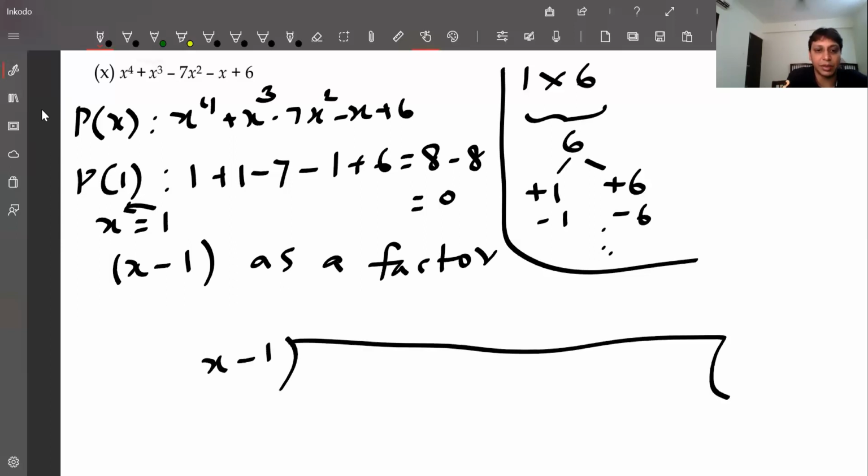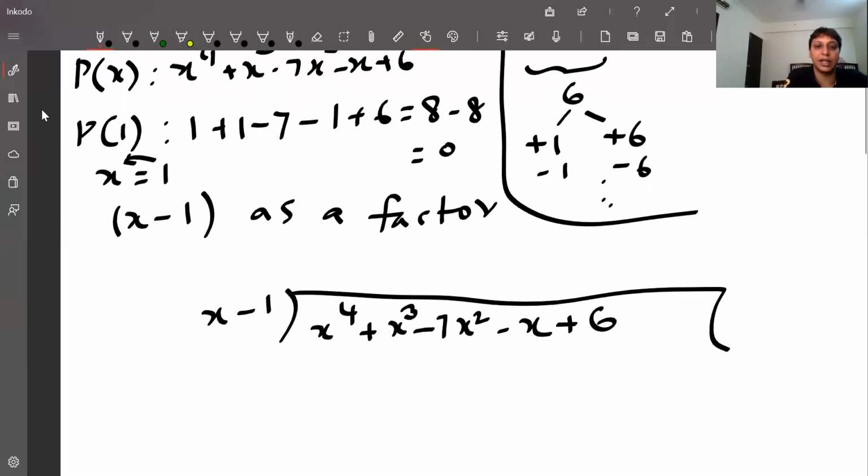Okay, so x to the power of 4 plus x cube minus 7x squared minus x plus 6. Okay, so with what I need to multiply, it is x cube, which will give us x to the power of 4.